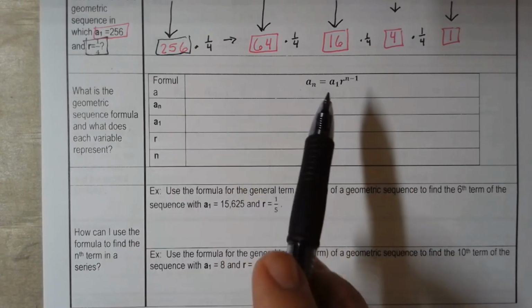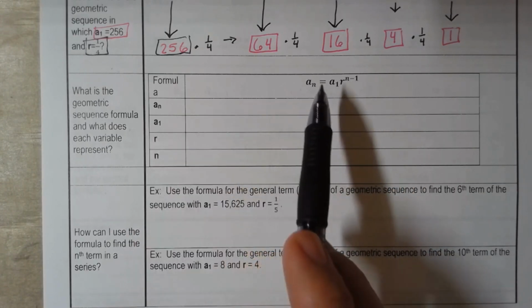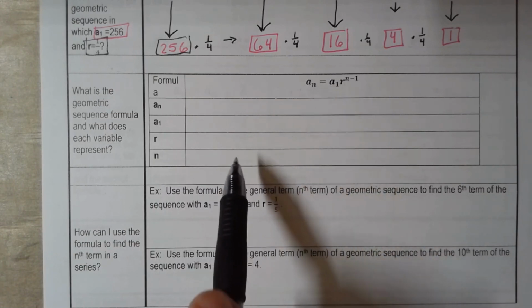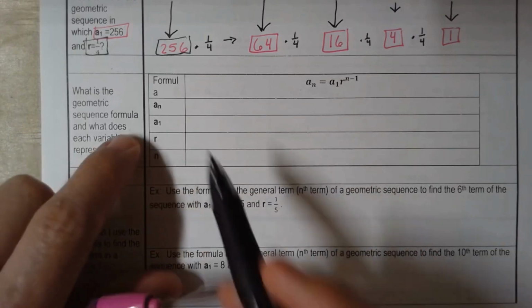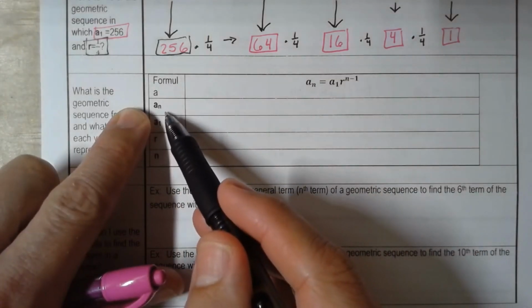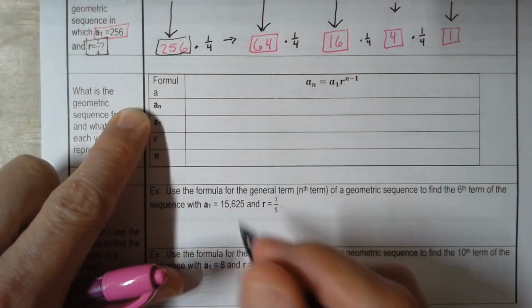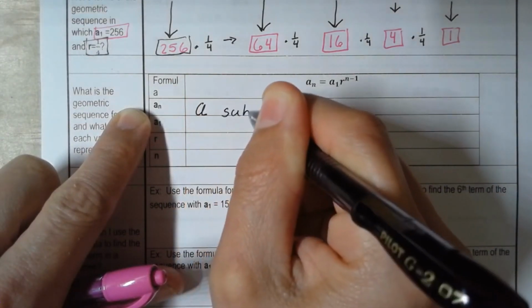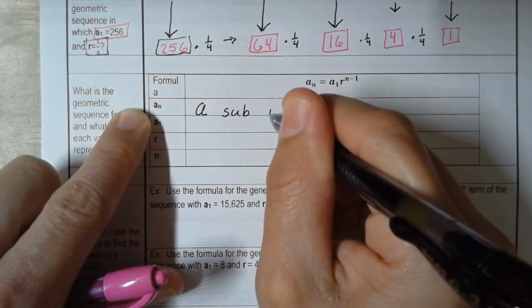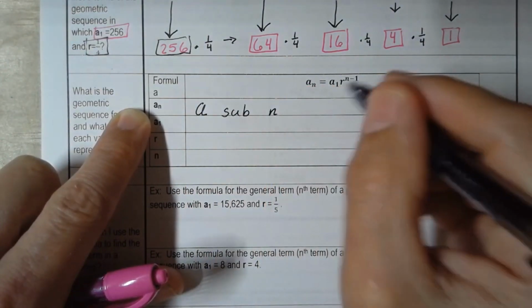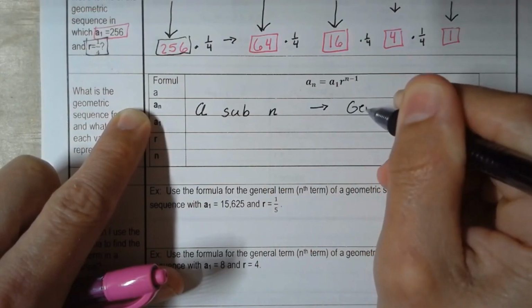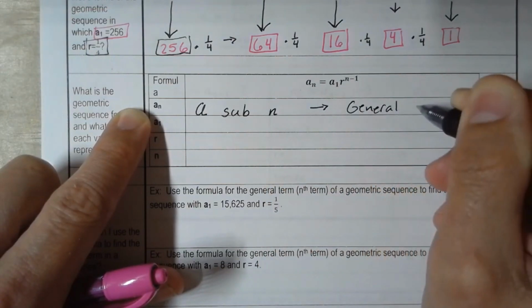Now, in case some of you forgot, I'm saying this kind of fast, and if some of you forgot how to pronounce these particular terms, I want to go over them with you real quick. Remember that when we talk about a sub n right here, we're actually saying a sub n. And we call that, put your little arrow right here, the general term. That's what it represents.